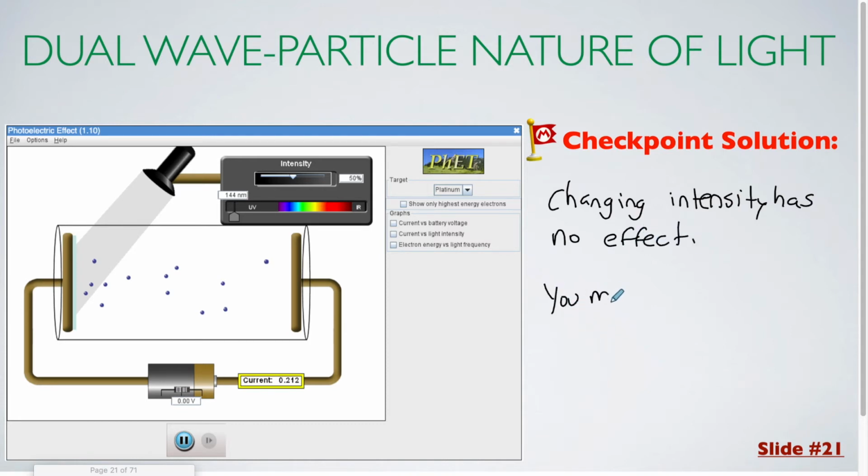You must decrease the wavelength. By decreasing the wavelength, I will increase the frequency and the amount of energy that the photons can provide.